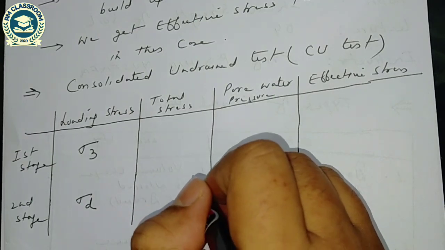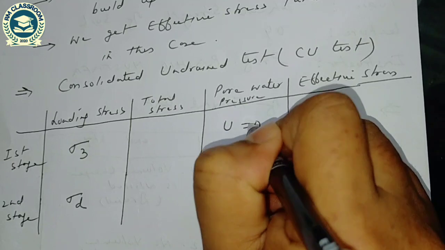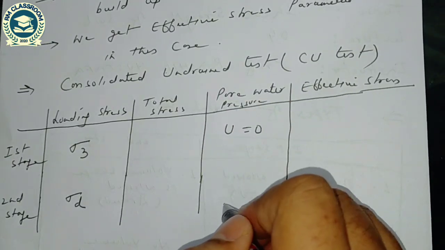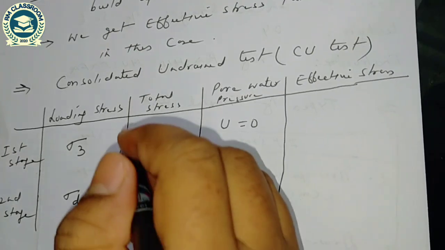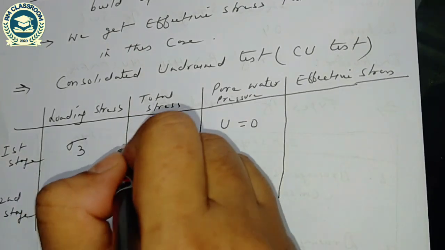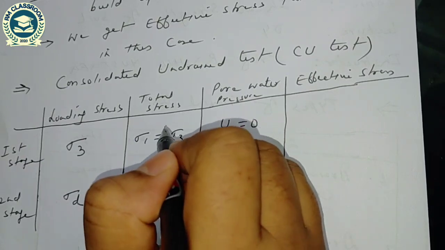So consolidated means in the first stage pore water pressure is 0, but in the second stage U is equal to U naught, pore water pressure is measured. So here total stress sigma 1 is equal to sigma 3.